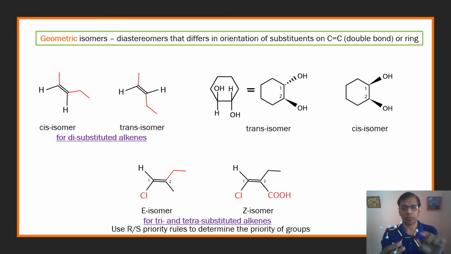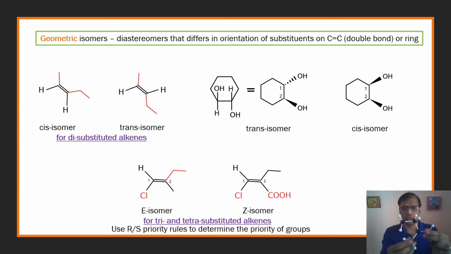This is the carbon-carbon double bond. This is the bromine atom, this is the hydrogen atom right here, and you have the ethyl group, CH2 and CH3. So this is the ethyl group, and here this one is the methyl group. 1, 2, 3 hydrogens, and this is the carbon. So this is the methyl group.